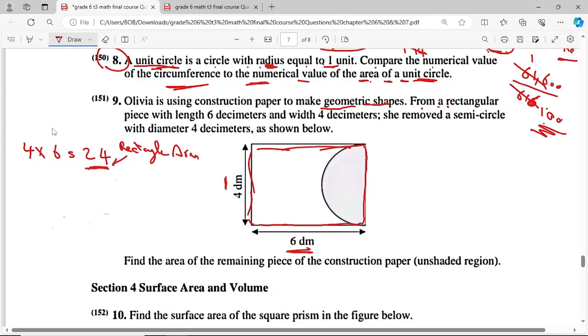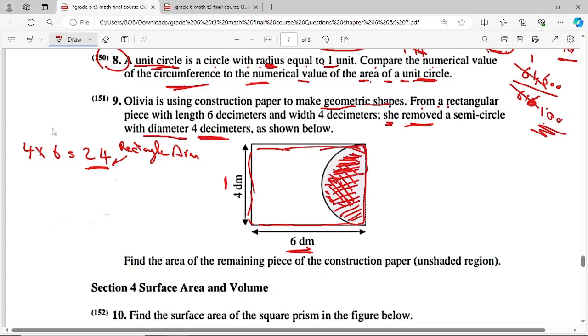Now, from this rectangle she removed a semicircle. She cut the semicircle from the paper, with a diameter of 4 decimeter.